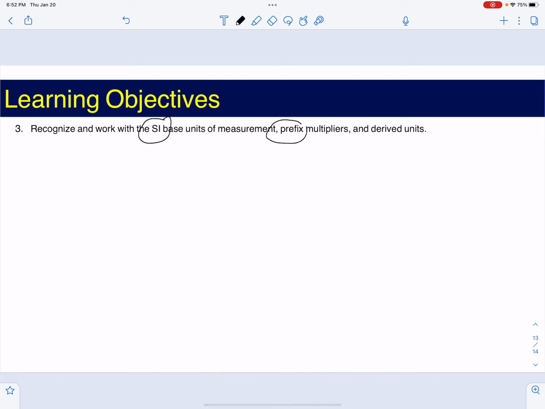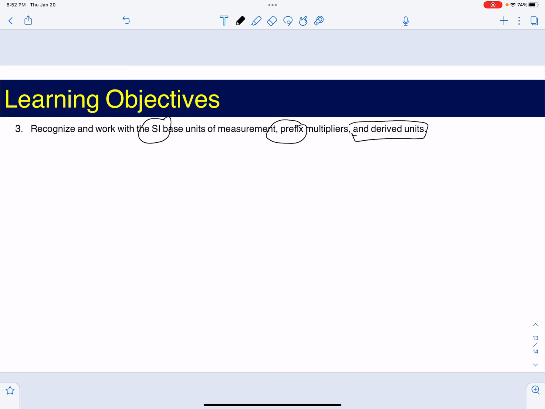The prefixes, and you have to memorize the base units, and the prefixes, which are going to be the ones that we use to substitute the powers in the scientific notation. Tera is 10 to the 12, pico is 10 to the minus 12, giga is 10 to the 9, nano is 10 to the minus 9, and so on. And you know now what the derived units are.